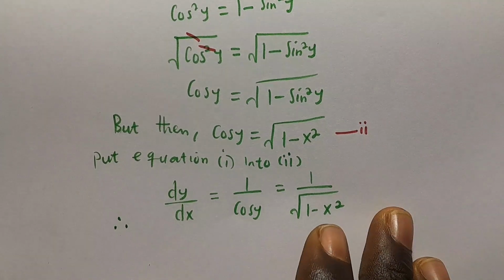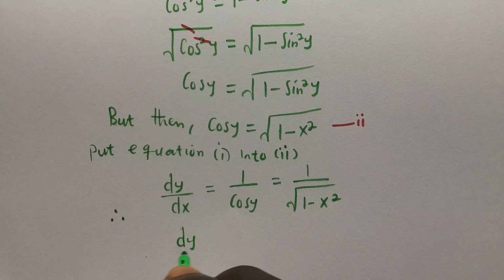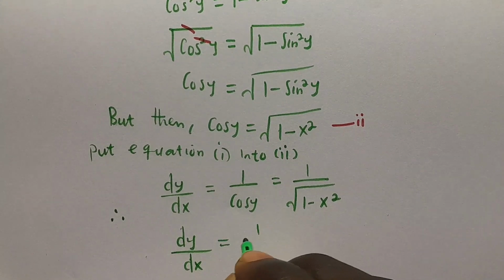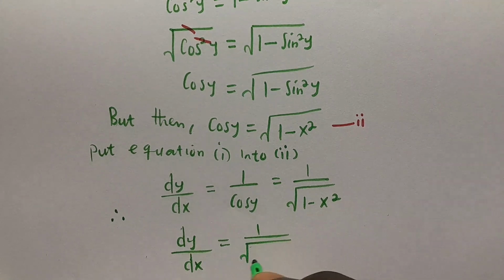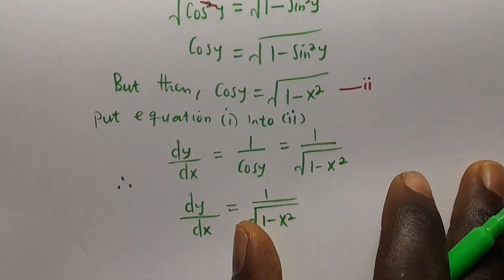So therefore the differentiation of sine inverse x, dy/dx, equals 1 divided by the square root of 1 minus x squared.